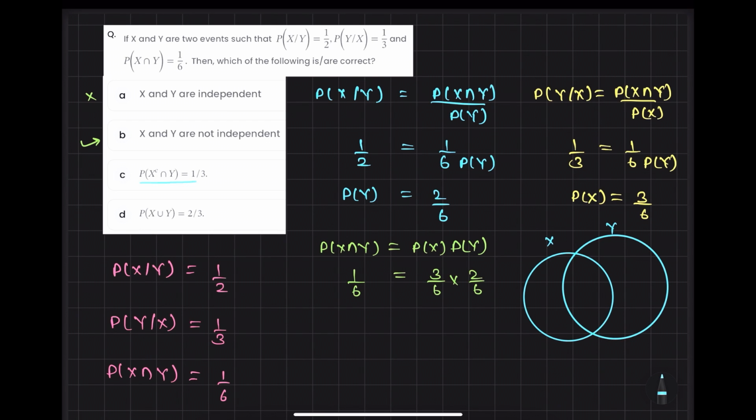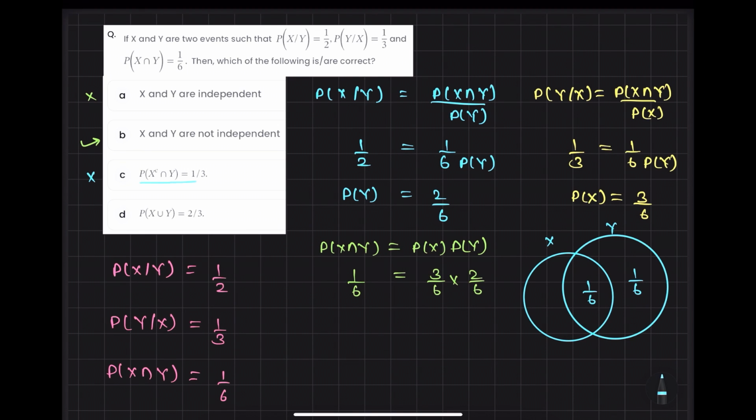So you know that x intersection y is 1 by 6 and P of y is 2 by 6. So 2 by 6 minus 1 by 6 will become 1 by 6. So inside y outside x is 1 by 6, but they are saying it is 1 by 3, so it is wrong.